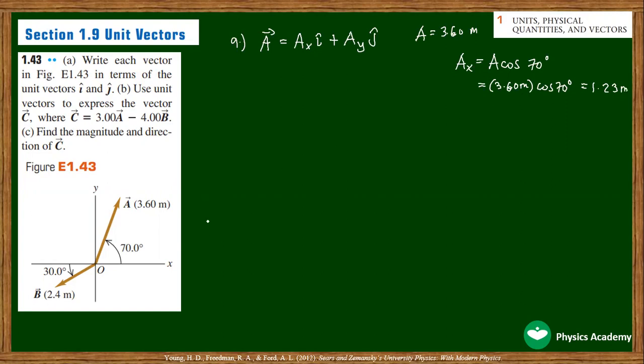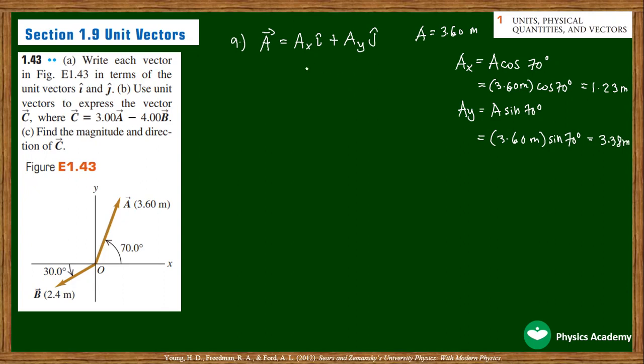For your Ay, you can use A sine of 70 degrees, so 3.60 meters sine of 70 degrees. 3.6 sine 70 gives you 3.38 meters.